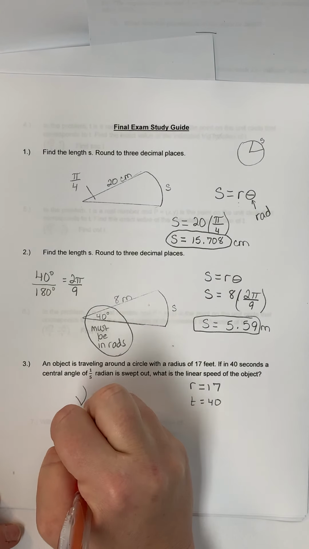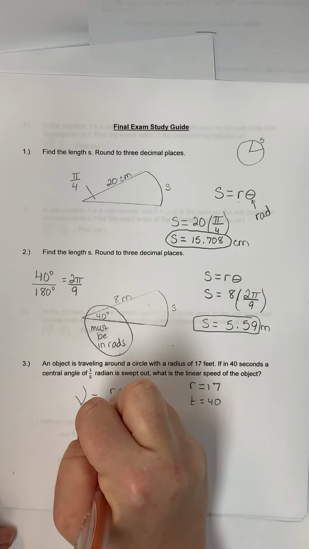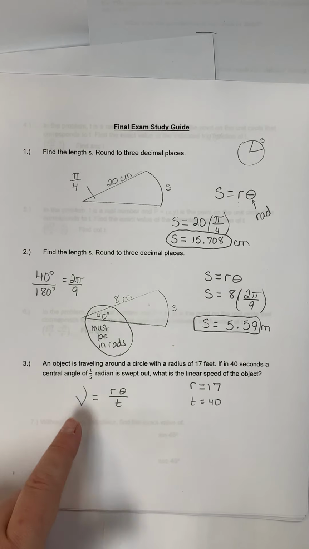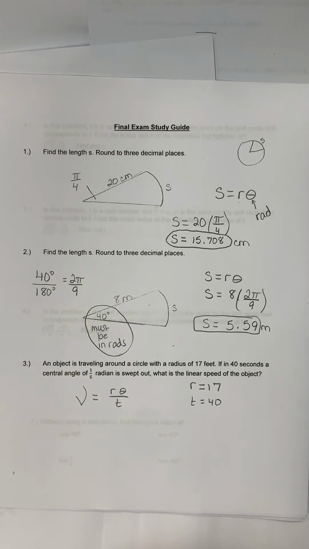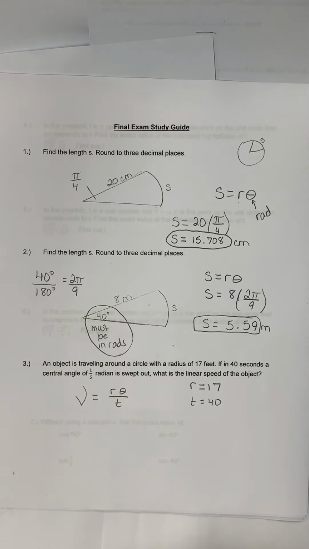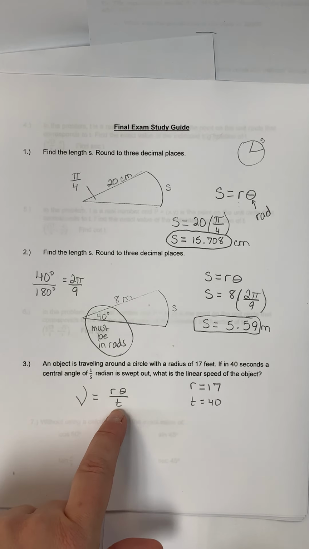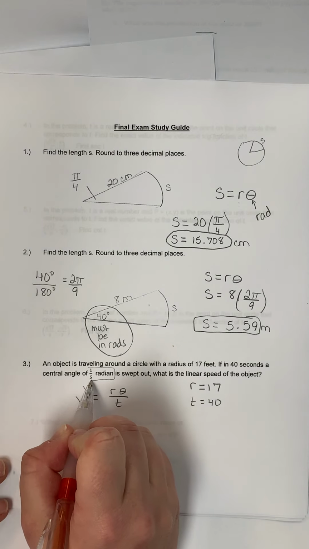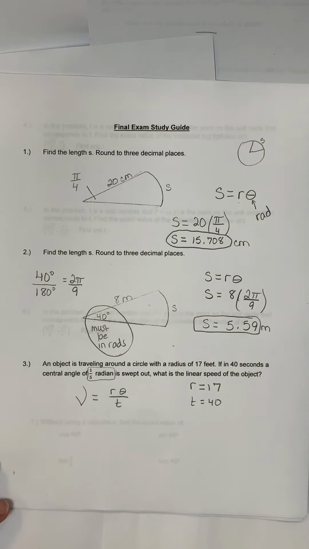Well, if you recall, linear speed is this funny little equation there with gamma. It's r theta over t, okay? There's actually a lot of versions of this, but this is the version you are going to want on your final. So we have r, we have t, and then theta is this strange little measurement right here, 1/5 radian.